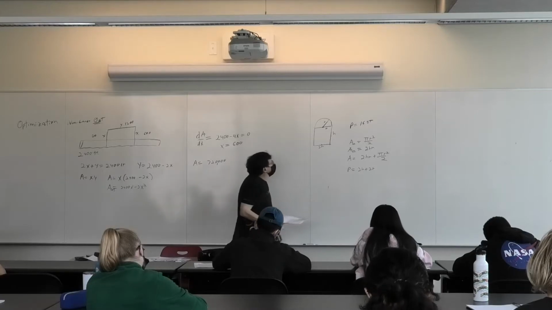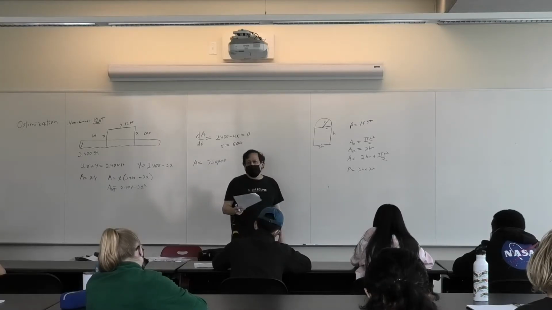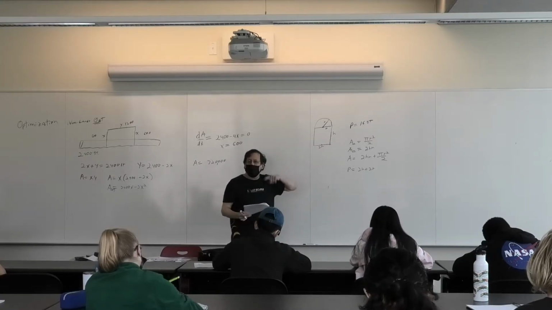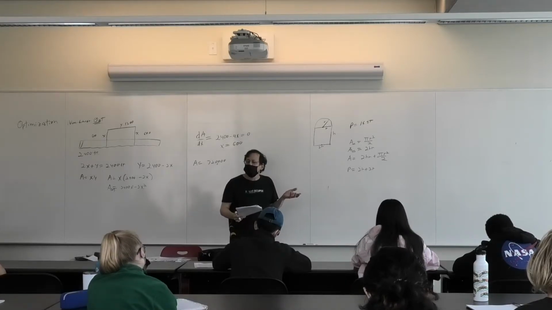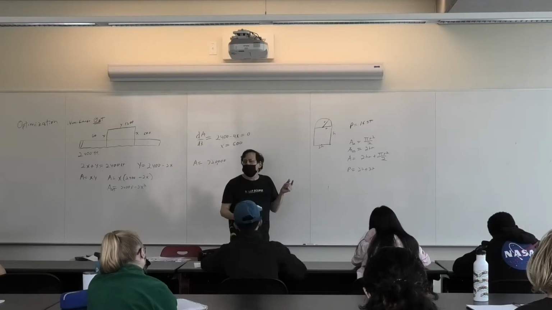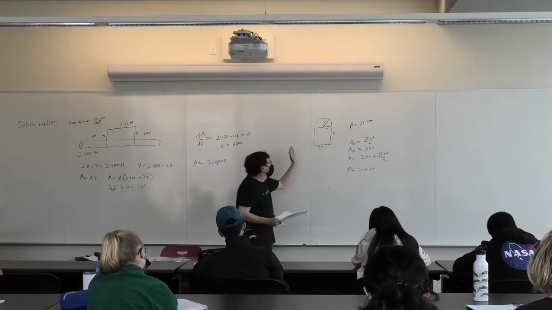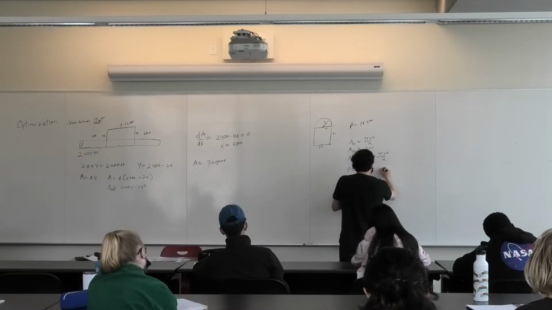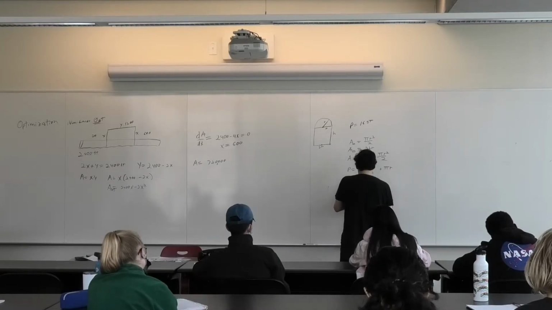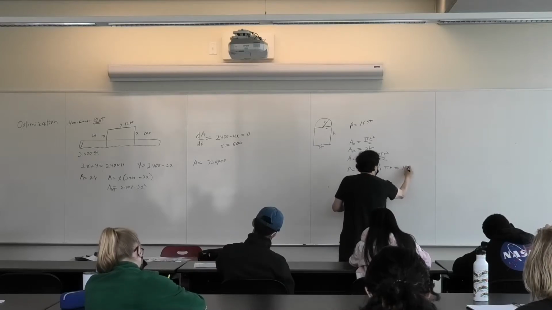The circumference of the full circle would be pi times the diameter, or 2r pi. But since this is half, it's just going to be pi r. And that's equal to 16.